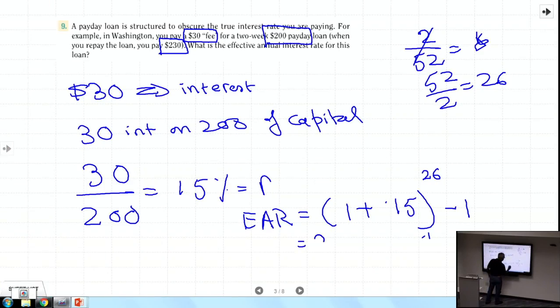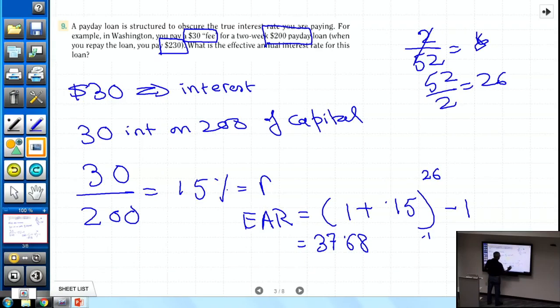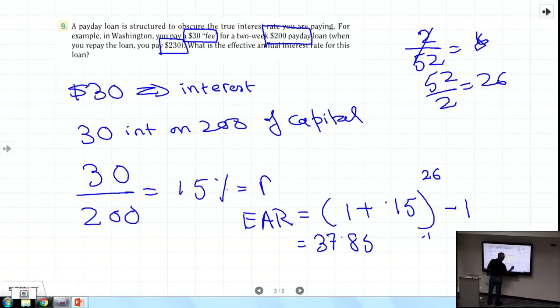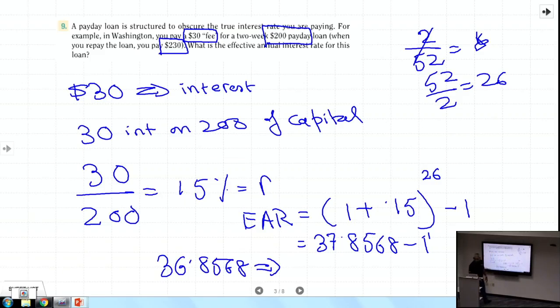No, this would actually be 37.8568 minus 1. So that is 36.8568, which implies it's a 3,685% effective annual rate.